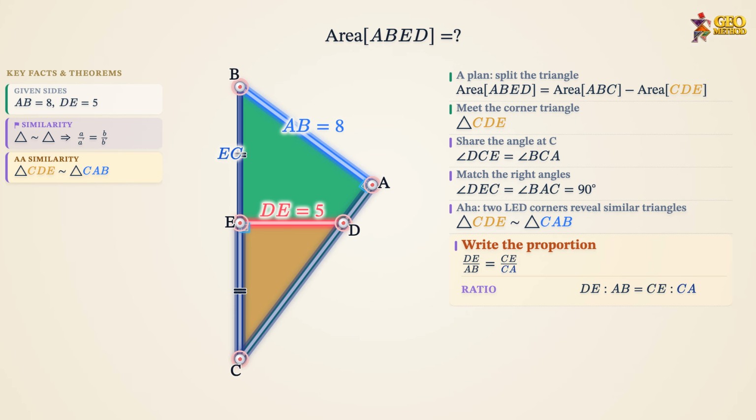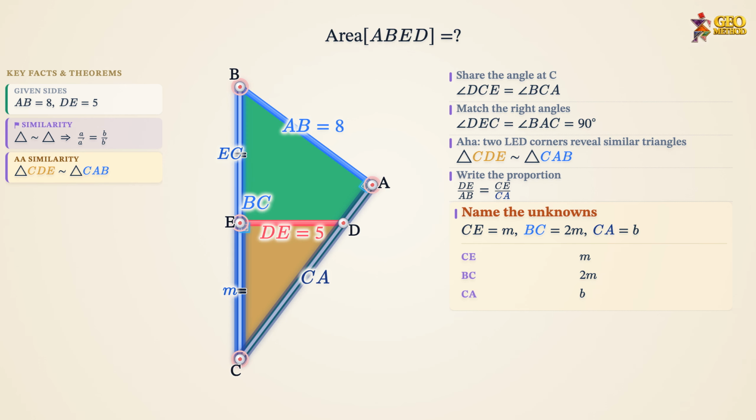Lining the triangles up by that shared angle at C, the short leg segment DE corresponds to the long leg segment AB, and the base piece segment CE corresponds to the full leg segment CA. So segment DE over segment AB equals segment CE over segment CA.